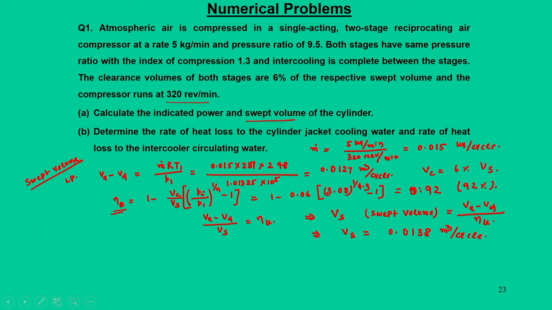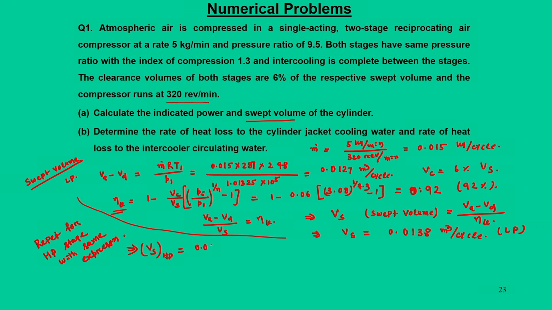Similarly, this is for LP. We repeat for the HP stage with the same expression, and this will imply Vs for the HP stage will be equal to 0.0446 meter cube per cycle.